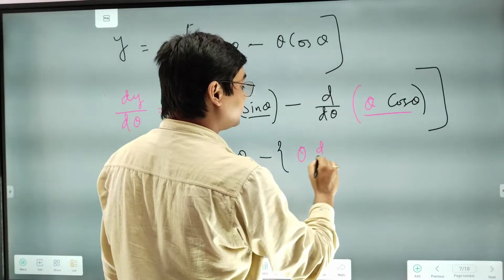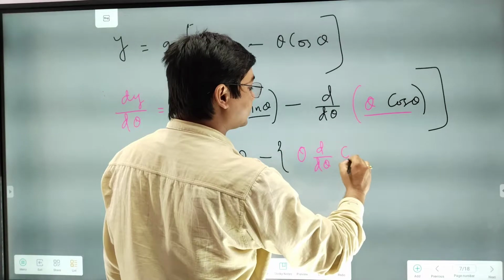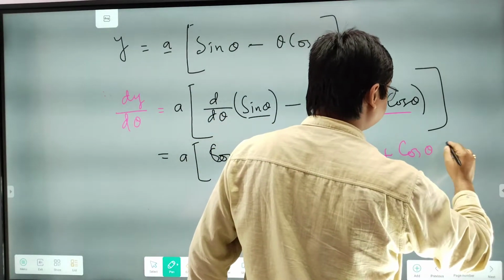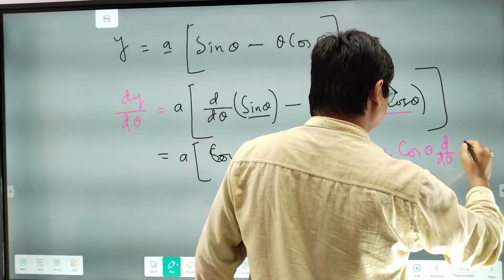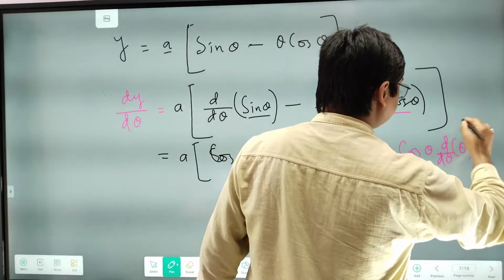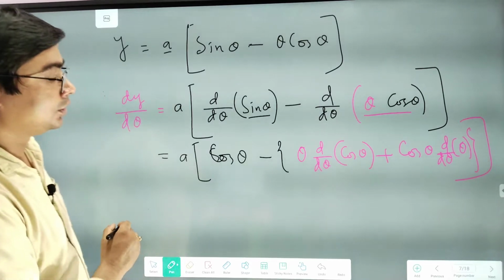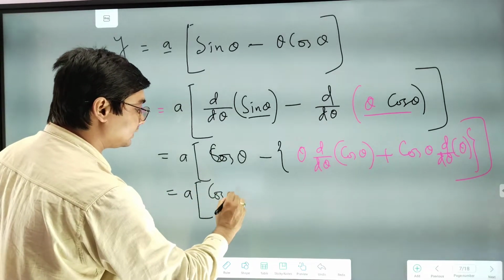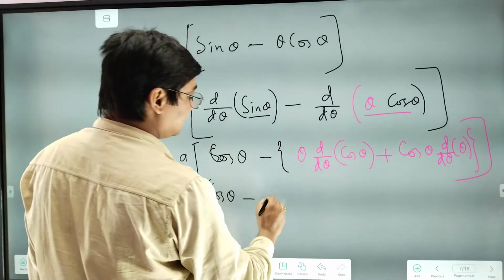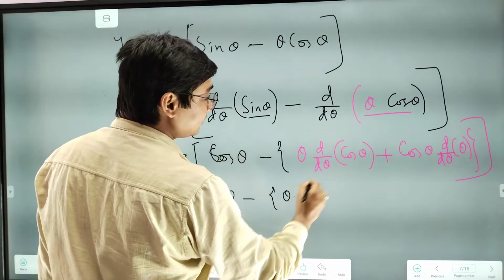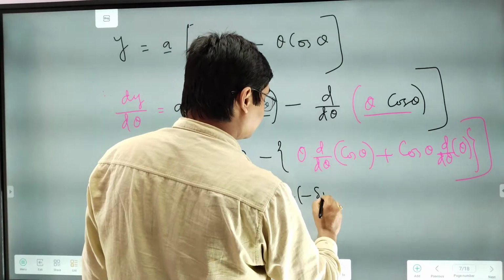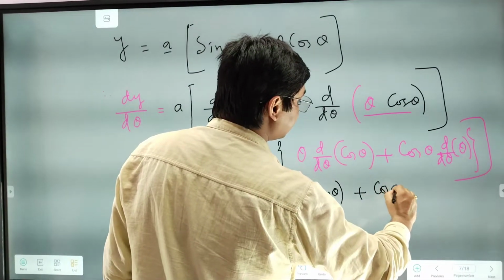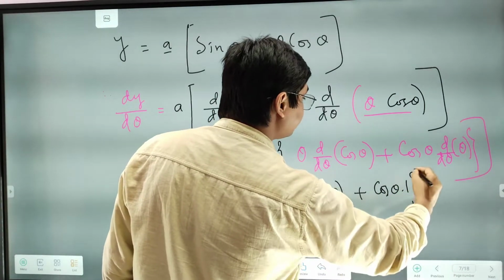Again, first function times the derivative of the second plus second times the derivative of first. So now a is here, a constant. Here cos theta minus, you put here theta. Now the derivative of cos theta is minus sin theta, plus here cos theta, and the derivative of theta is 1.